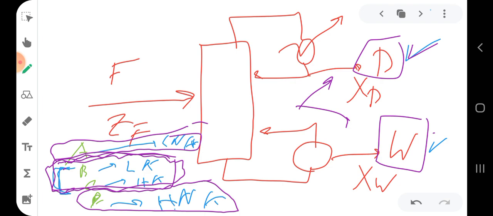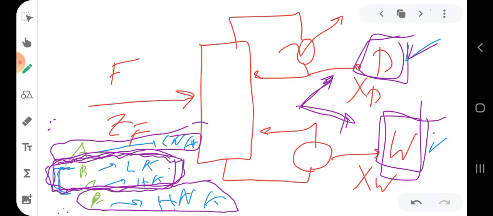We are treating the light key and heavy key components as the binary mixture, and the others will be either totally drawn at the distillate or totally drawn at the waste. But the light key and heavy key will be distributed partially in the distillate and the waste. And of course, the light key will occur more in the distillate, while the heavy key will occur more in the waste.